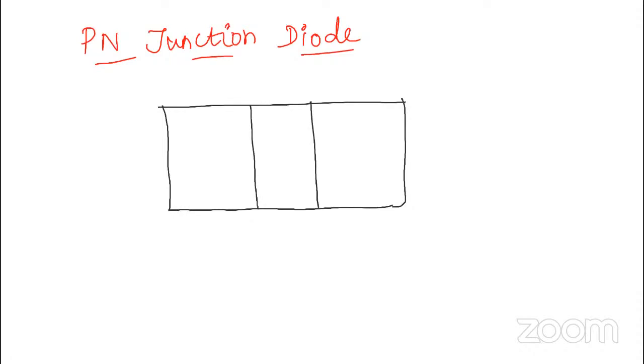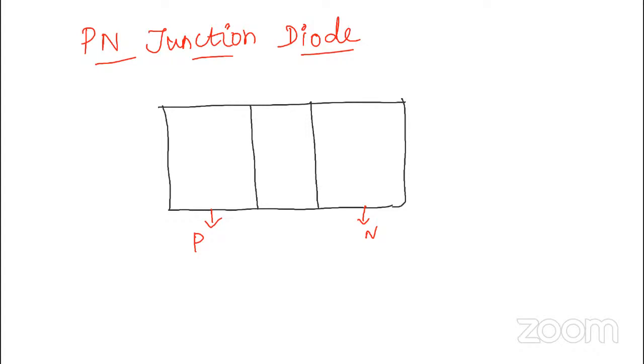So now we take these two types of materials and what do we do? We combine them. Okay, so here we can take this as the P-type part and this as the N-type part. For the P-type, which should be the majority carrier? Yes, holes.